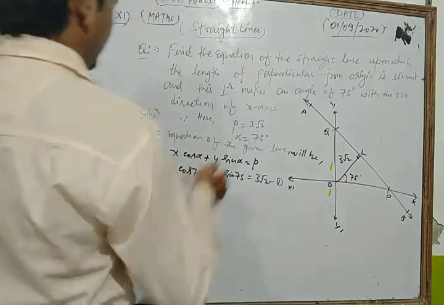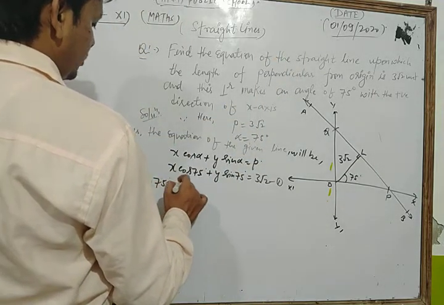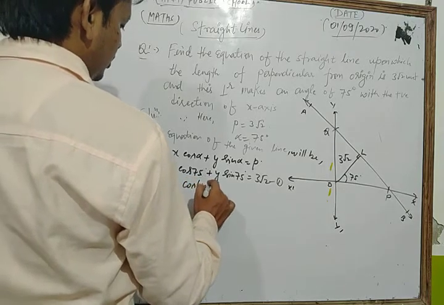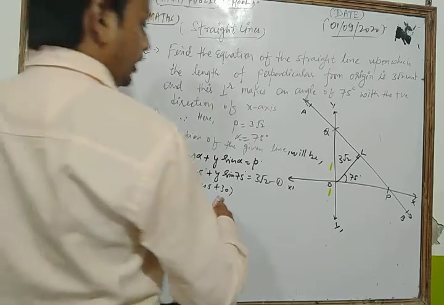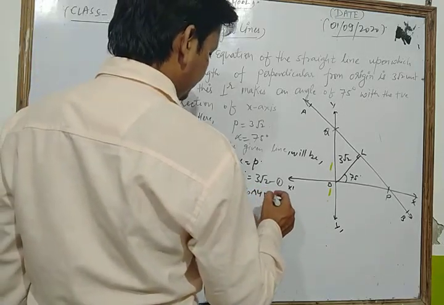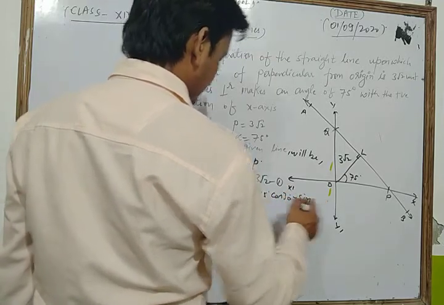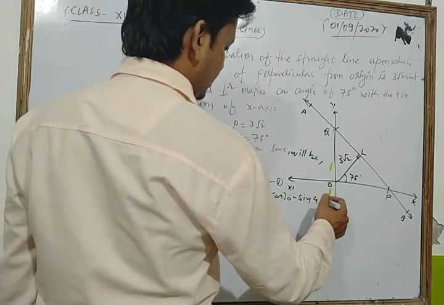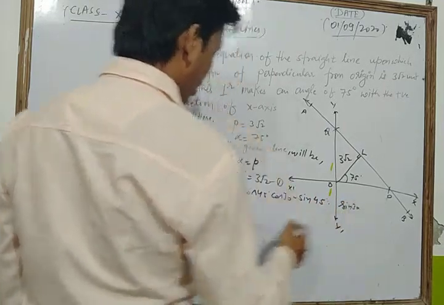First, we write cos 75 as cos of 45 plus 30. Now we apply the formula for cos A plus B, which is cos A cos B minus sin A sin B. Now what do I get?